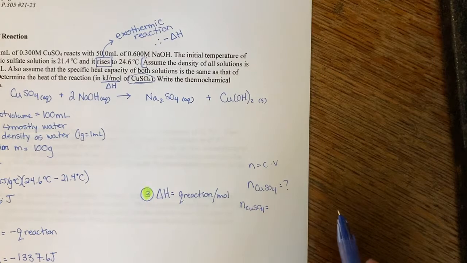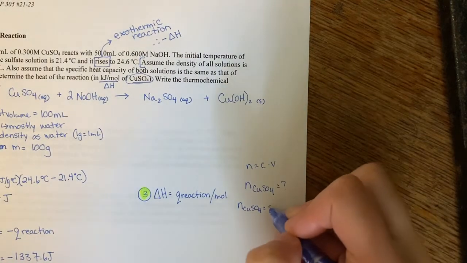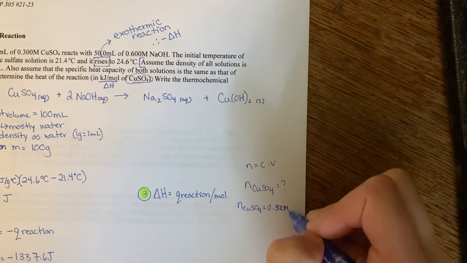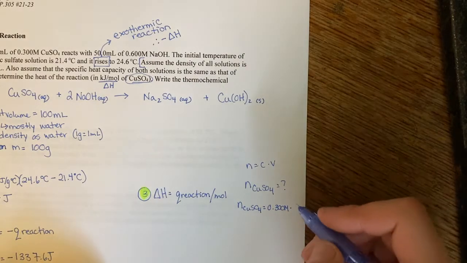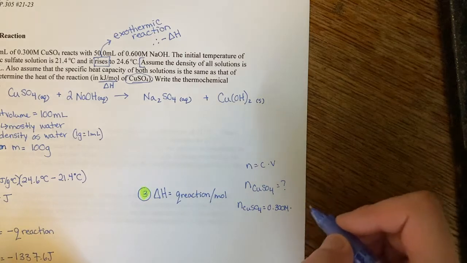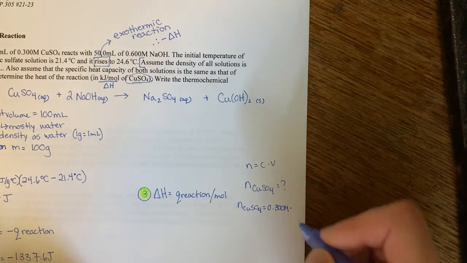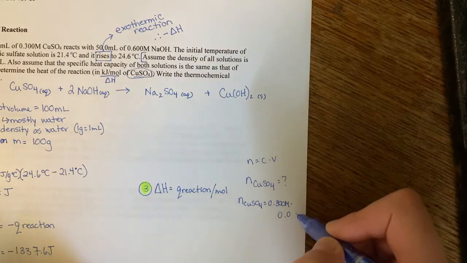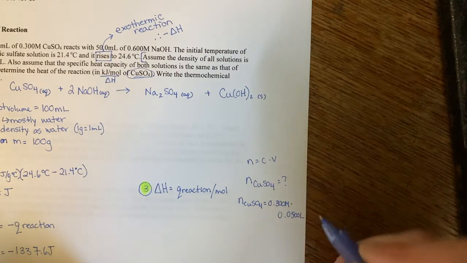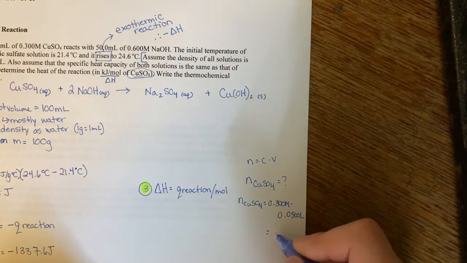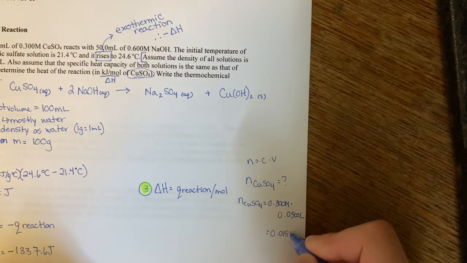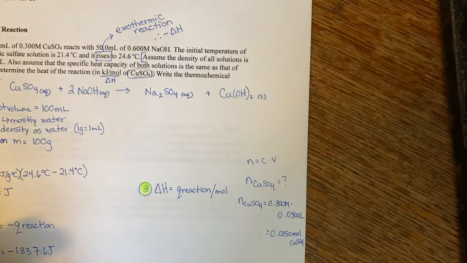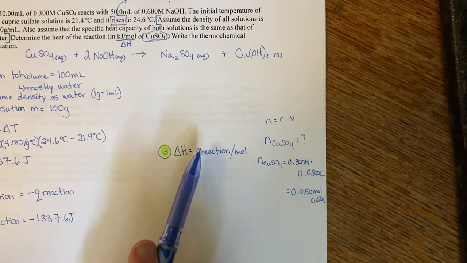So C times V is going to give us 0.300 moles per liter times 0.0500 liters, which is going to give us 0.0150 moles of CuSO4. We can sub that number into this equation.